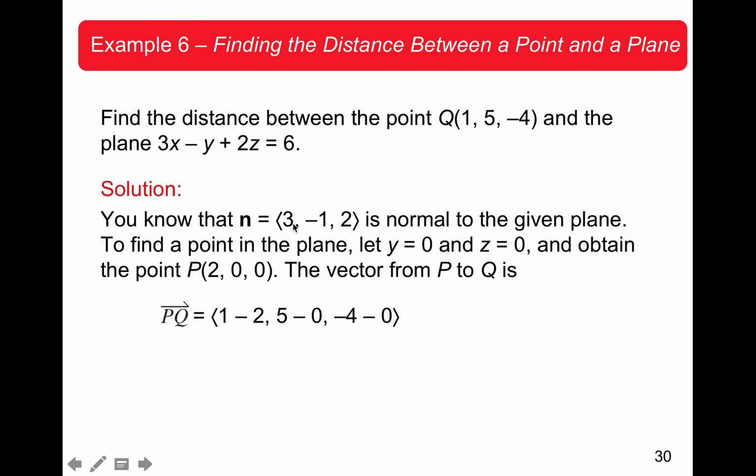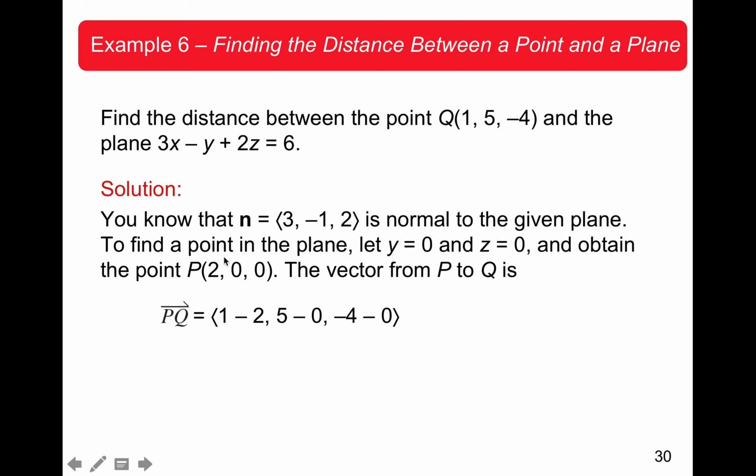Our normal vector, we're taking the 3, the negative 1, and the 2, so there's our normal vector to the given plane, and our point Q right here. So we're going to let y equal 0 and z equal 0 in our equation, and if we do that, we have 3x equals 6. So that means x has to equal 2 when y and z are 0.